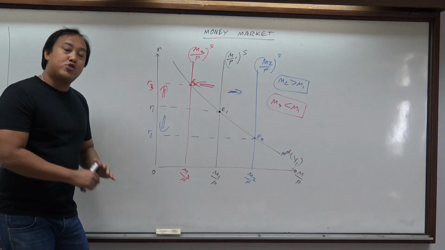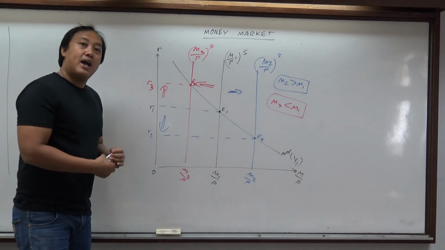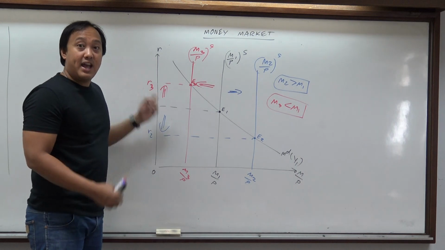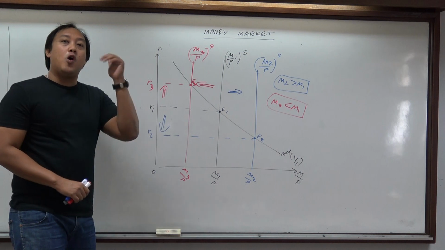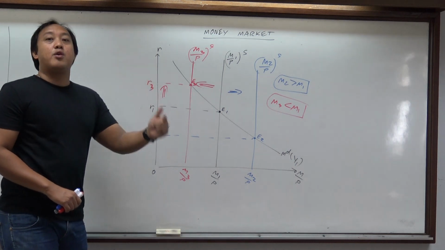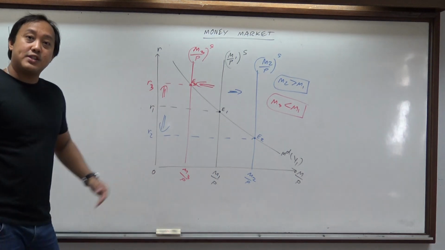If they destroy money, the real money supply shifts to the left and the real interest rate increases. In conclusion, the central bank can control the amount of money in the economy, and then they can control the real interest rate. So that's good.